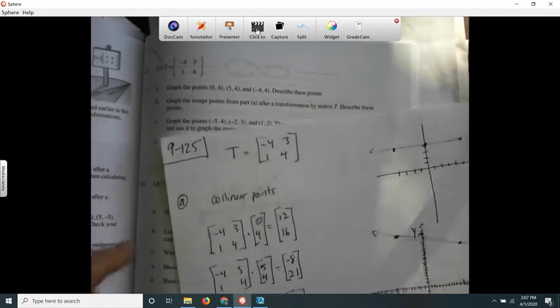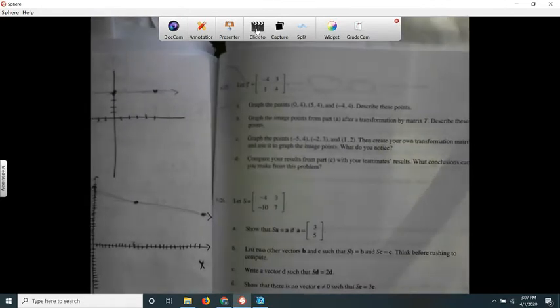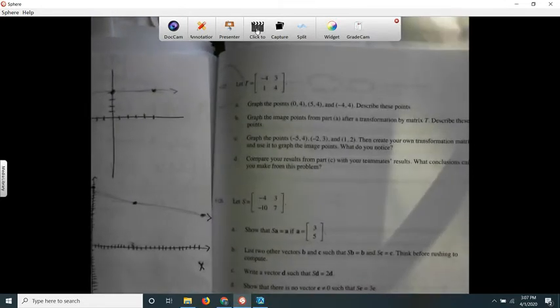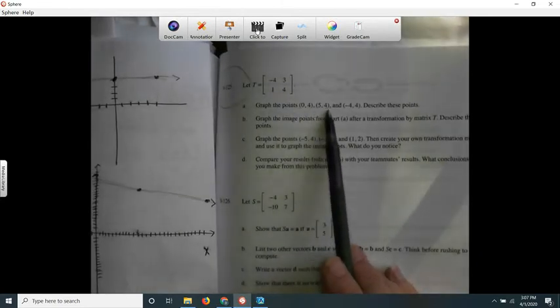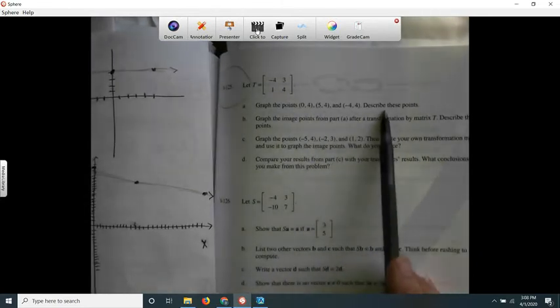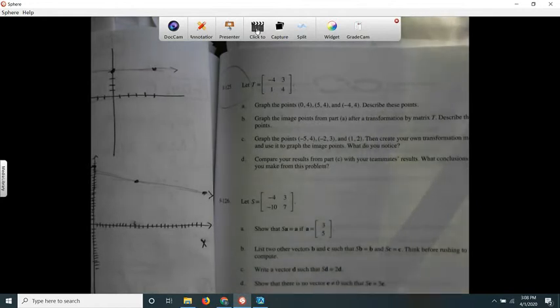So 9125 says, let T equal this transformation matrix that we have here. I'm going to push autofocus. I think that helped. It wants me to graph these points and describe them.